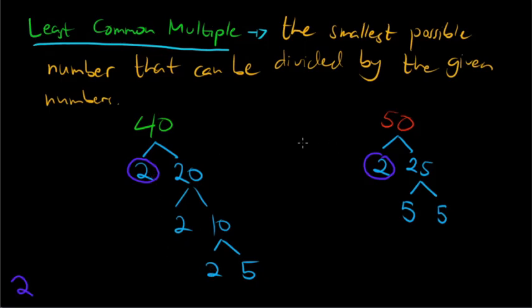Isang beses lang dahil pares naman sila. Parehas silang merong 2. In the same way, merong 5 kay 50. Let's use a different color. At meron ding 5 kay 40. So, isusulat ko si 5 dito.